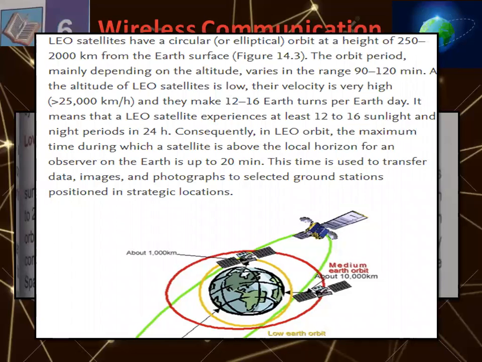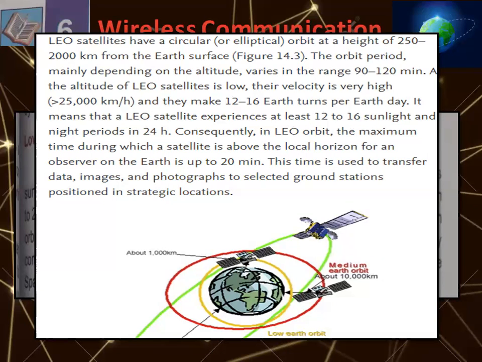The orbit period, mainly depending on the altitude, varies in the range of 90 to 120 minutes. As the altitude of LEO satellites is low, their velocity is very high, and they make 12 to 16 Earth turns per Earth day. It means that LEO satellites experience at least 12 to 16 sunlight and night periods in 24 hours.